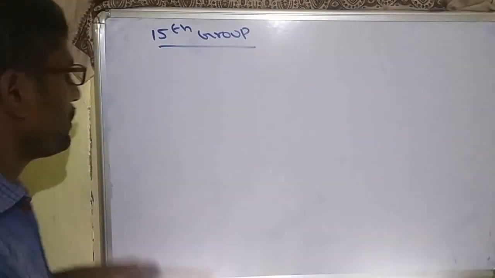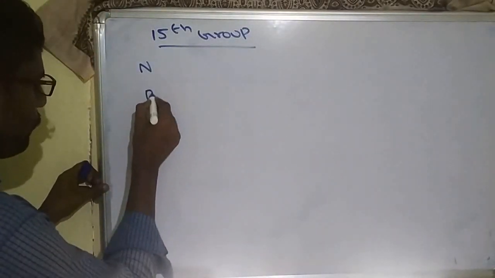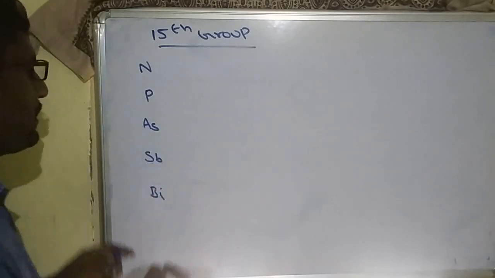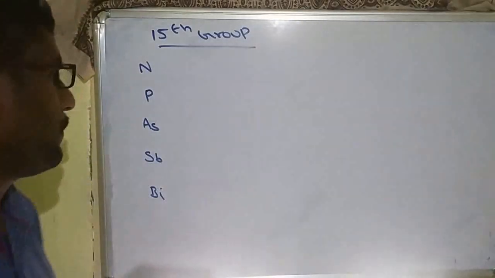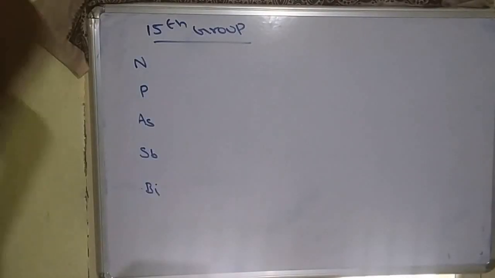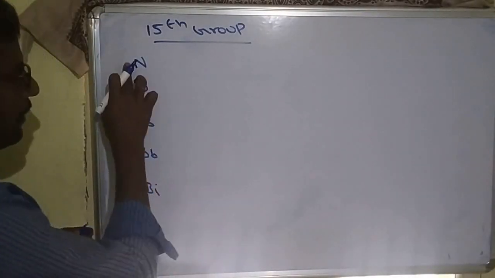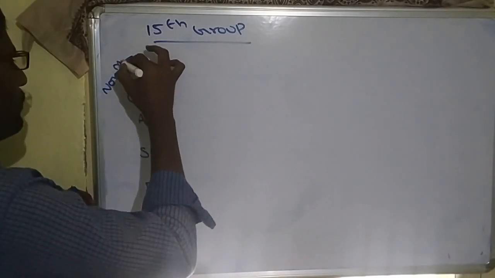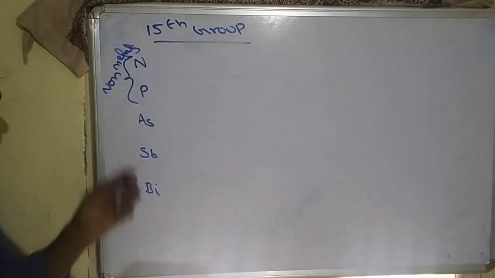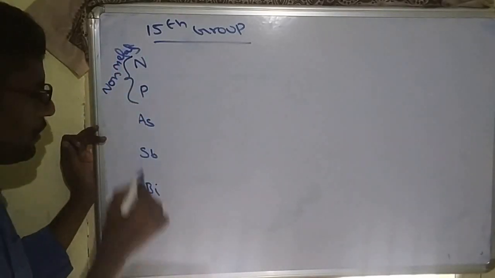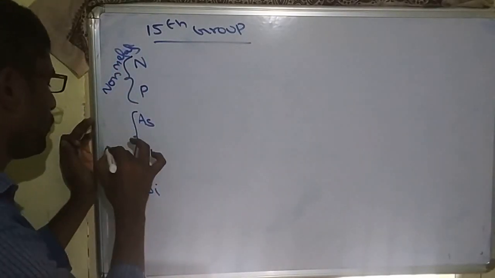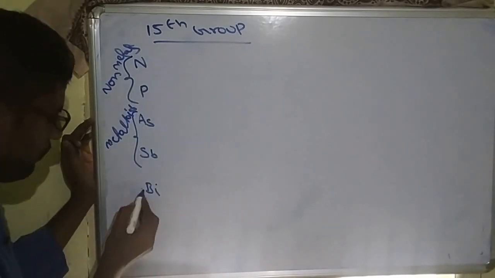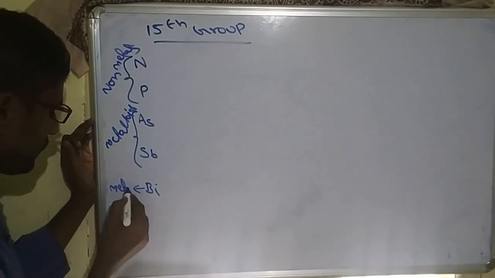The 15th group elements are nitrogen, phosphorus, arsenic, antimony, bismuth. Among these elements, nitrogen and phosphorus are non-metals, whereas arsenic and antimony are metalloids, whereas bismuth is a metal.